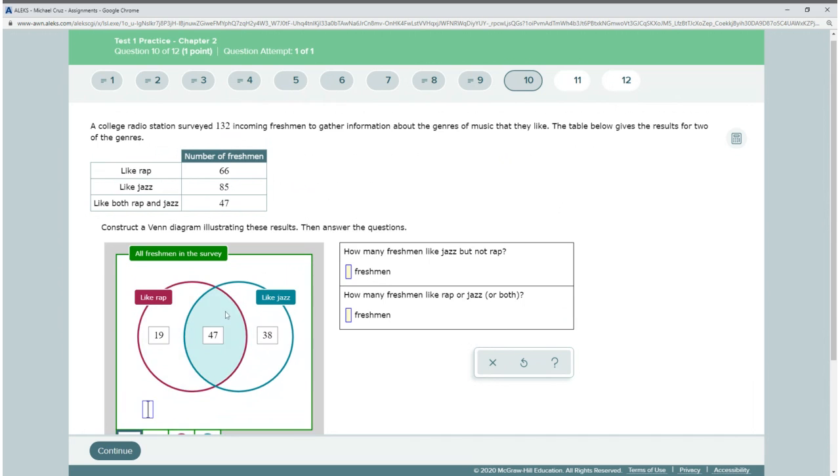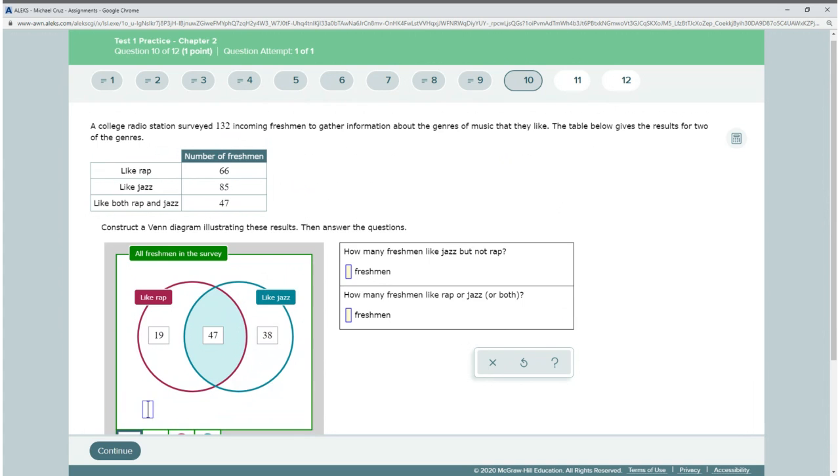These three numbers right here are the union, okay? You add up those three, that's the union. That's the ones that did one or the other or both. So all of those add up to 104.